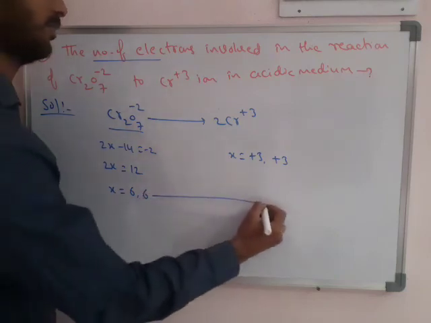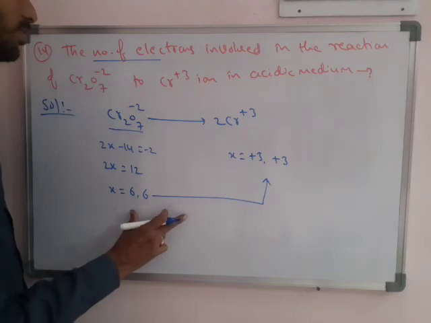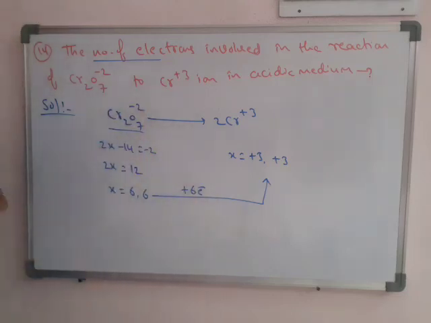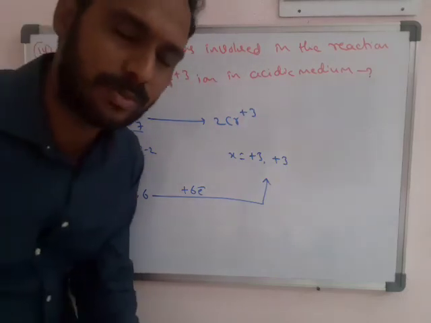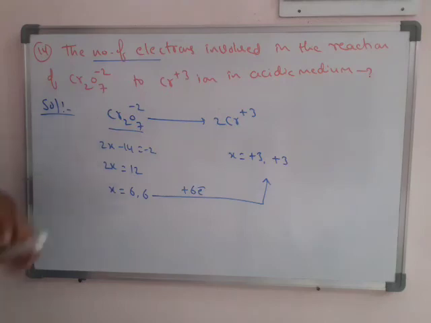So the oxidation number is decreased. Oxidation number decrease means gaining of electrons. So the number of electrons involved: 1 mole of dichromate gains 6 electrons, 6 moles of electrons. Okay.